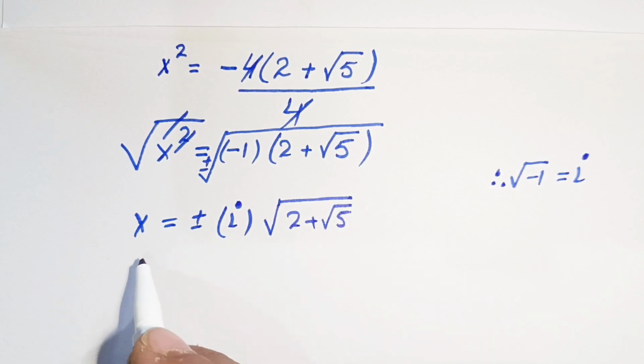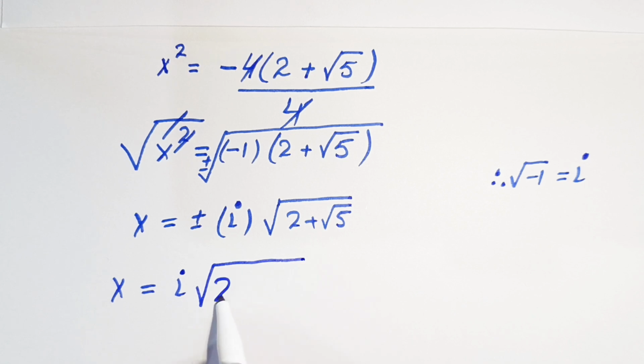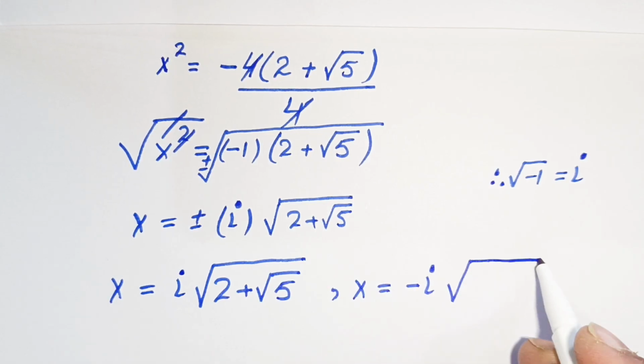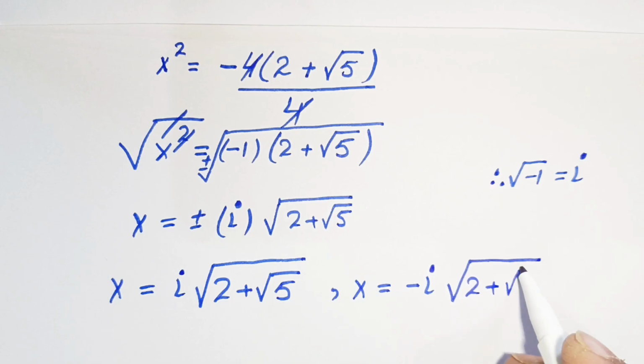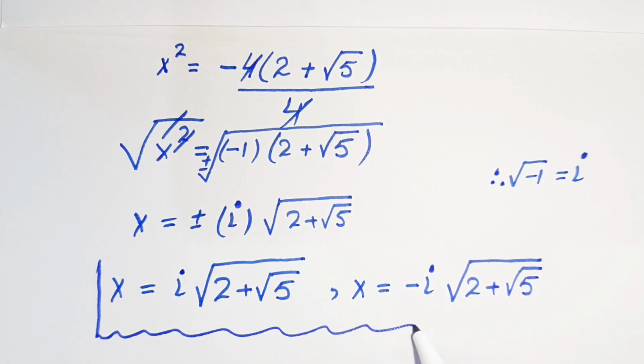So we have two values of x: x is equal to iota times square root of 2 plus square root of 5, and x is equal to minus iota times square root of 2 plus square root of 5. So these are our two values of x.